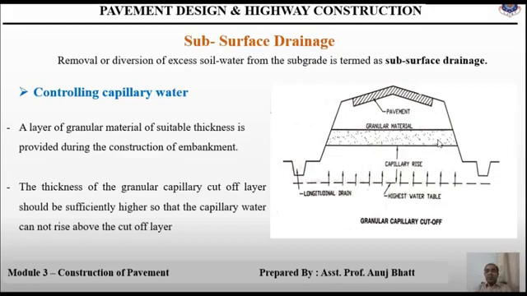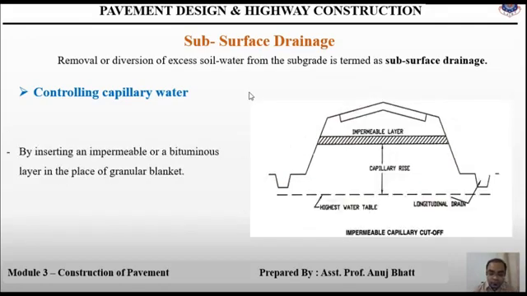The next method is by providing the capillary cutoff. In this method, we provide the capillary cutoff by inserting an impermeable layer or a bituminous layer in place of the granular blanket. Like this.